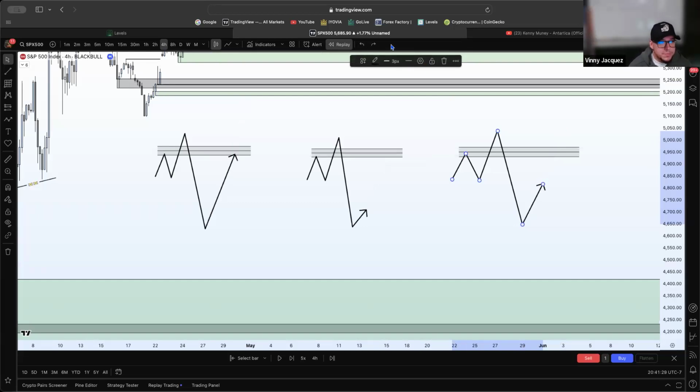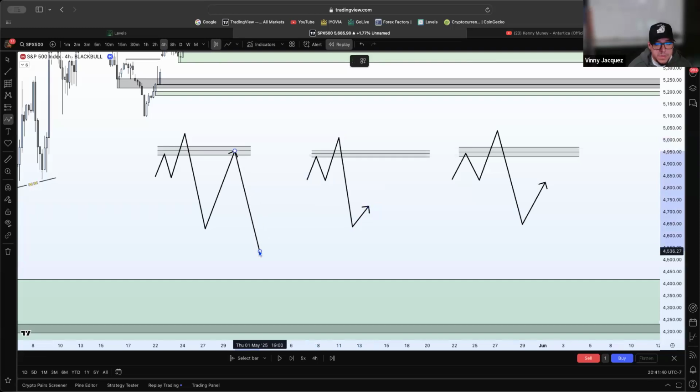Meaning, if this pair is already inside and these pairs are still on the way, can this pair respect and send the market down? That can happen. Now, again, that's a question you have to ask yourself: am I willing to take a loss here, knowing that these pairs still have room to push up?